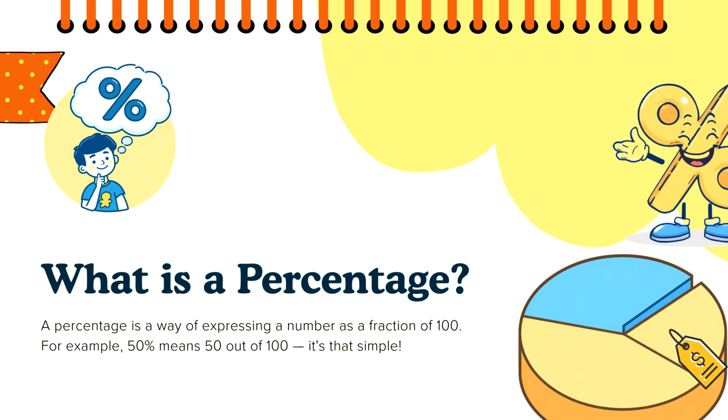It doesn't mean you got 24%, because it is not out of 100, it is out of 25. We will proceed and see how we convert a fraction into percentage. First of all, clear your concept about percentage. Percentage is just expressing any number out of 100.